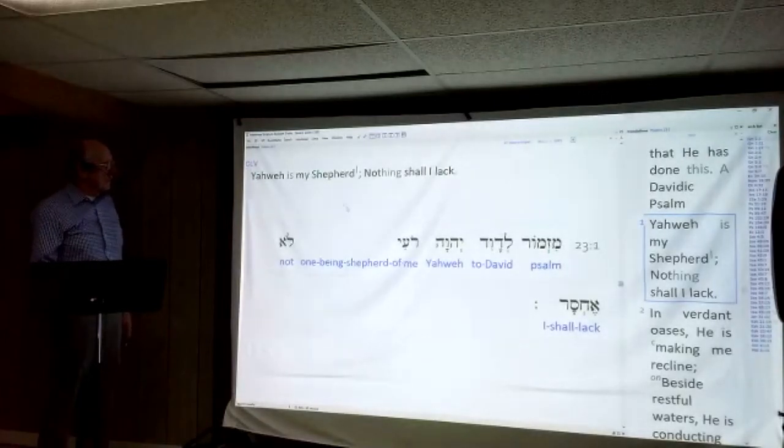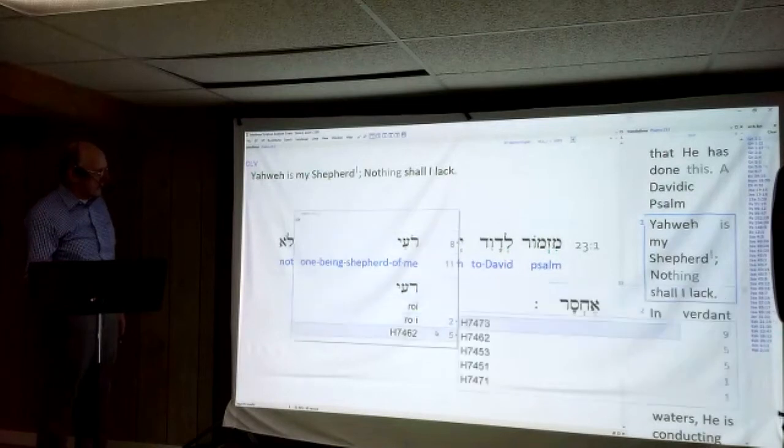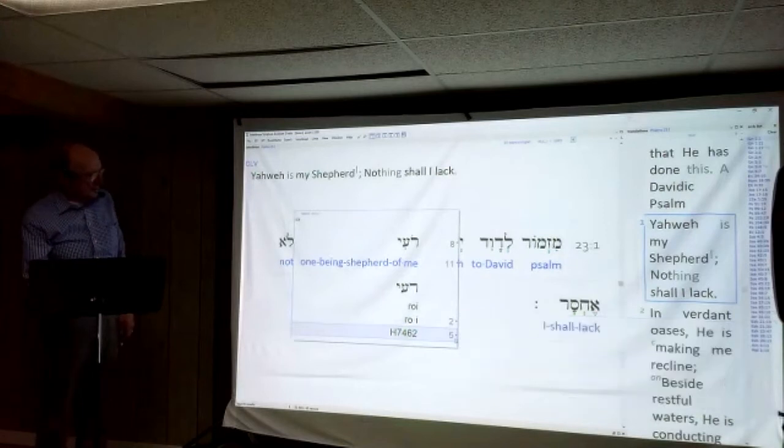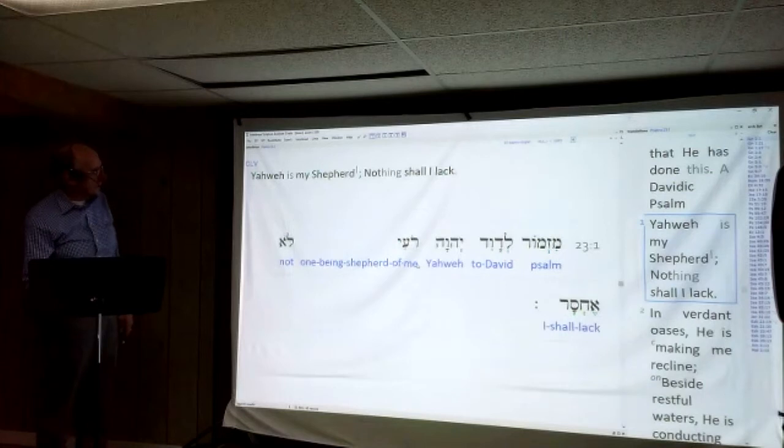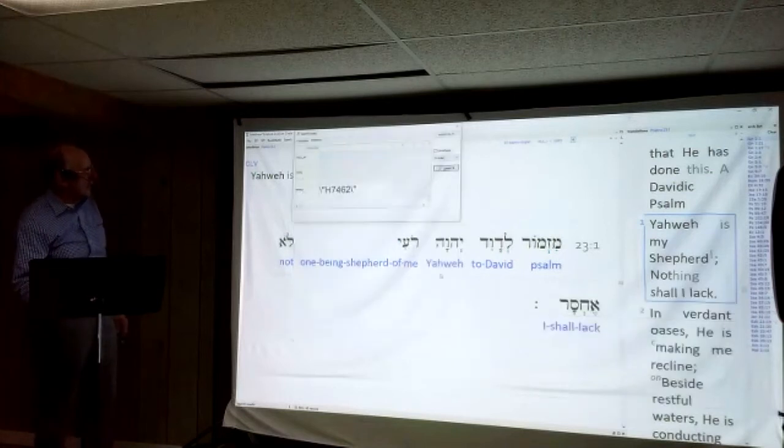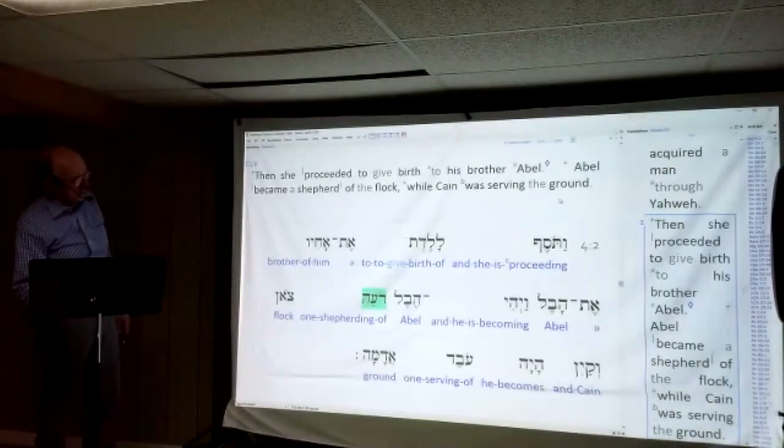Okay, so what would you like to look at? Let's look up shepherd, and let's go down to the Strong's Concordance and look at all that. There's five different Strong's numbers for shepherd. So now you can really get into a search. Let's get that back up there. All right, and let's do a search. And it's off the page.